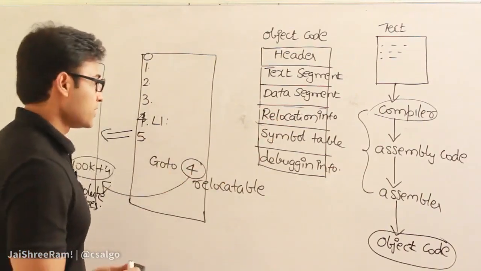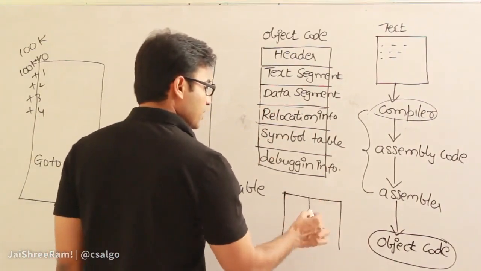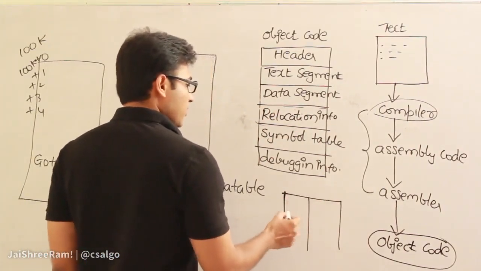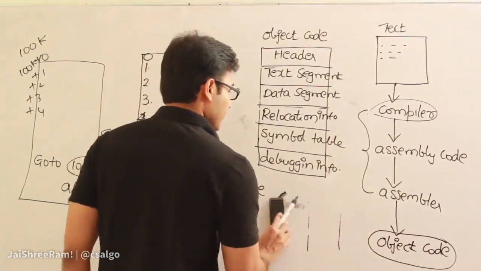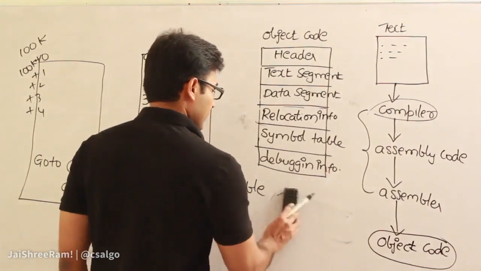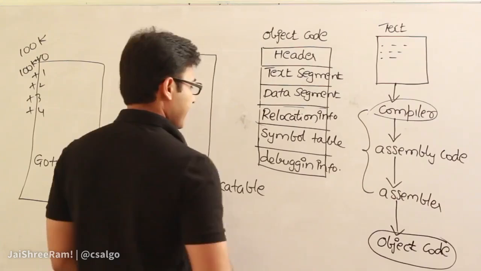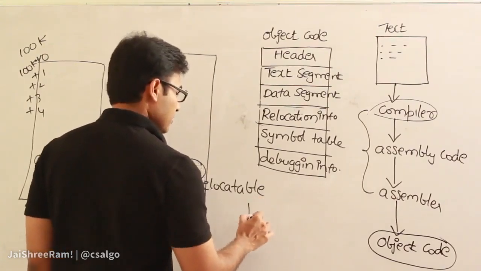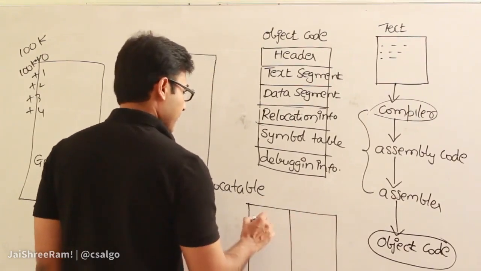So what I mean to say is like this: the symbol table might contain various parts. Let us say you have defined a function minimum, right? Then min is a symbol. Let us assume that you have defined a symbol called minimum. The symbol table will contain something like this, right?